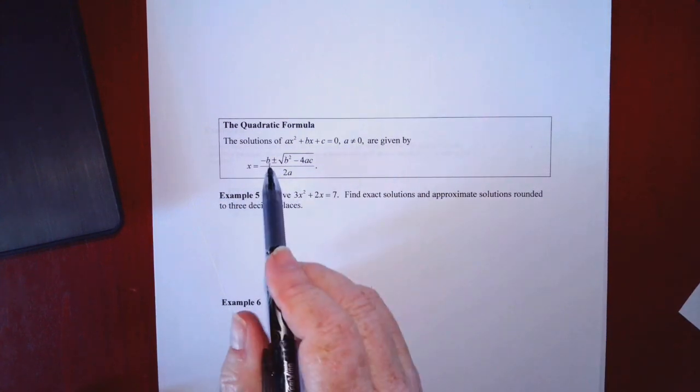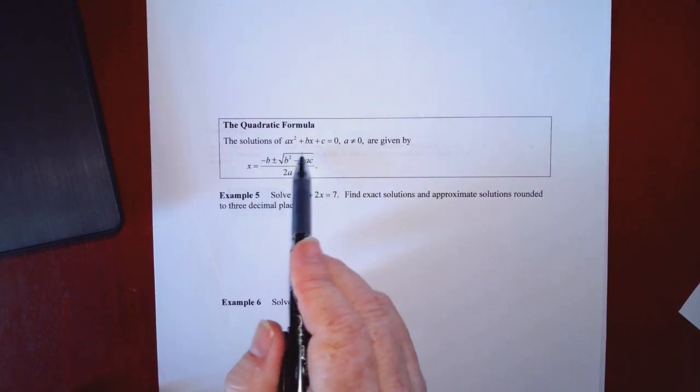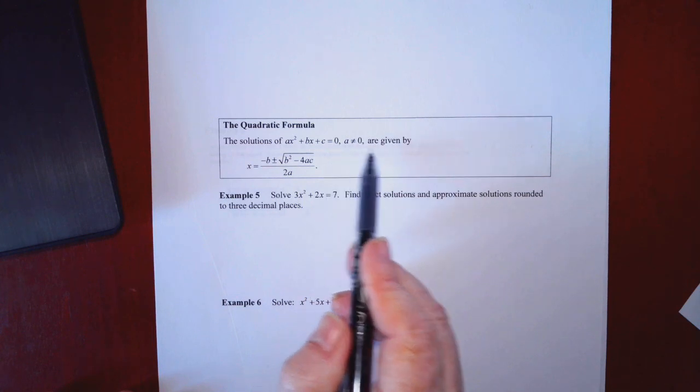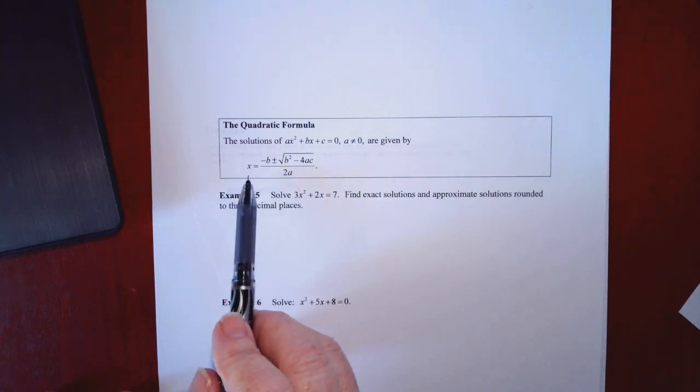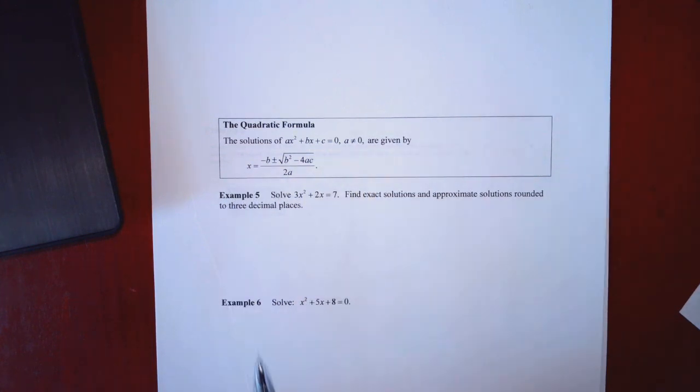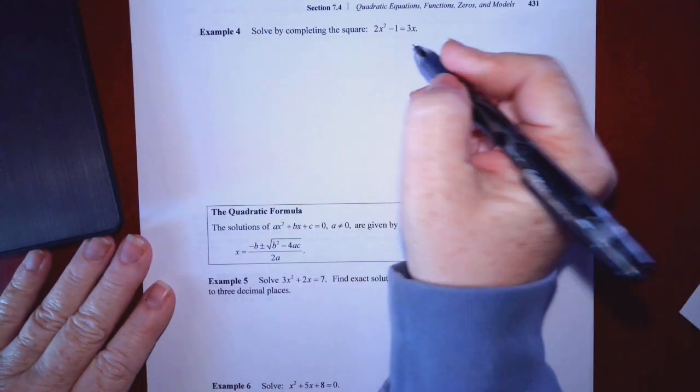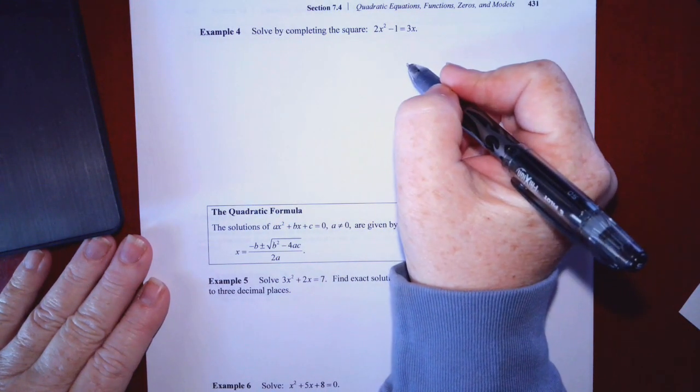So if you have an arbitrary quadratic equation, ax squared plus bx plus c, you can solve that using the quadratic formula by setting x equal to negative b plus or minus the square root of b squared minus 4ac, all over 2a.